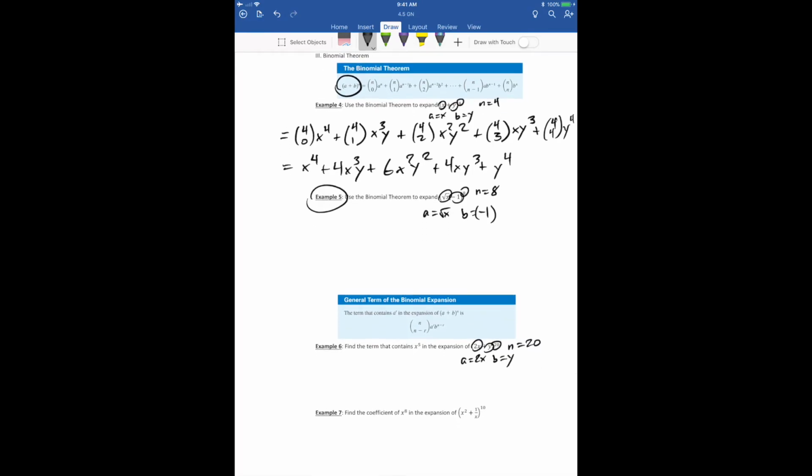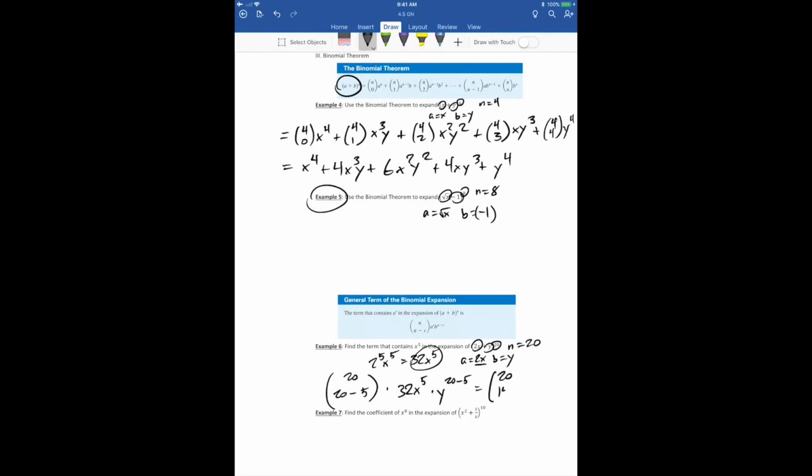So the term that contains x to the 5th, well, since there's the 2 in front of it, that's really going to be 2 to the 5th x to the 5th, which is 32 times x to the 5th. So that term is going to be n, which is 20, choose n minus r, which is 5, times 32 x to the 5th, like we just said, times y to the n minus r power.